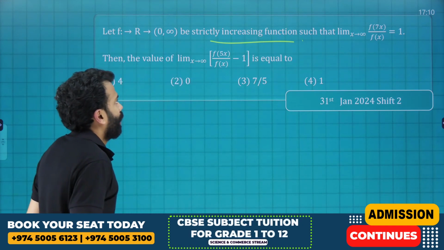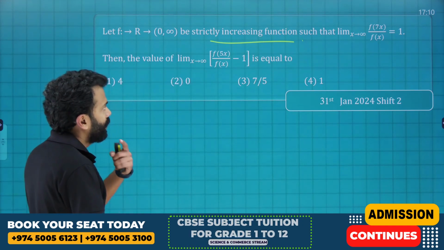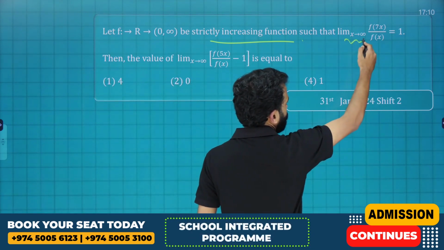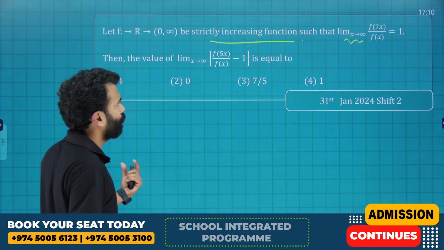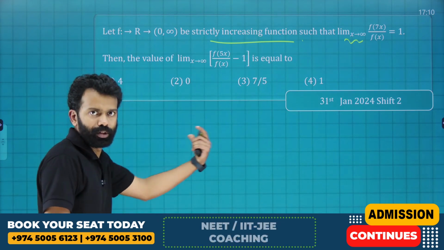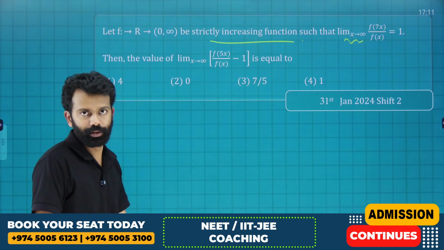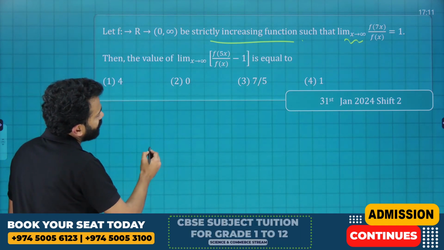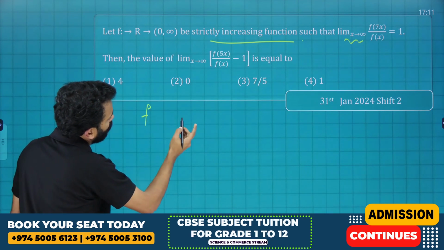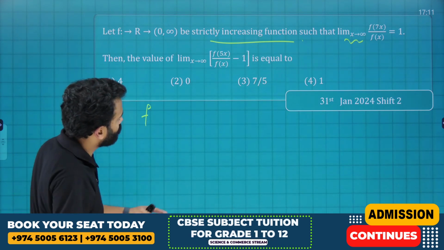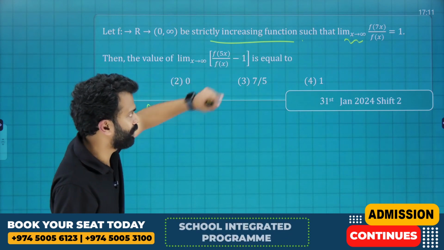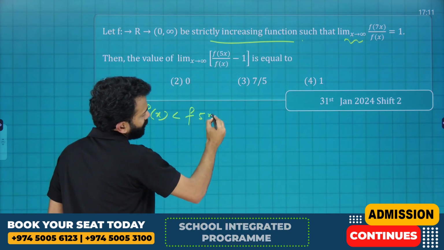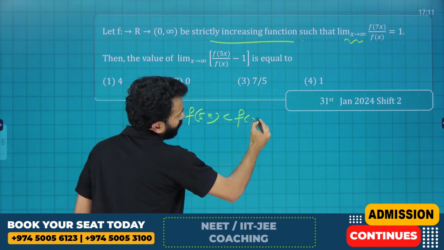And yes, we can formulate. See, since it is an increasing function and the value of x is approaching positive infinity, I am going to apply positive numbers for solving the question. We know that since f is an increasing function, the values used here are f of x, f of 5x and f of 7x. f of x is less than f of 5x, which is less than what? f of 7x.